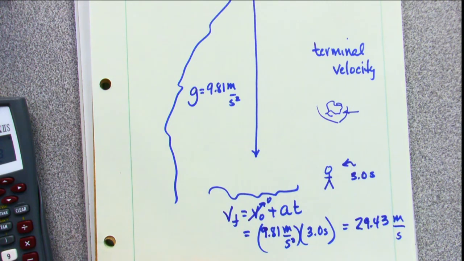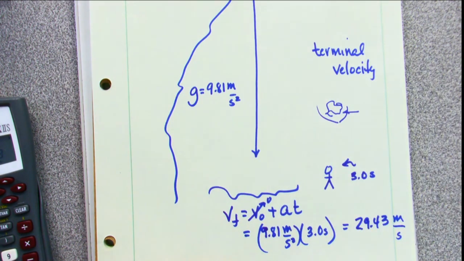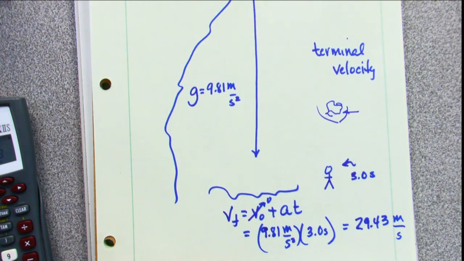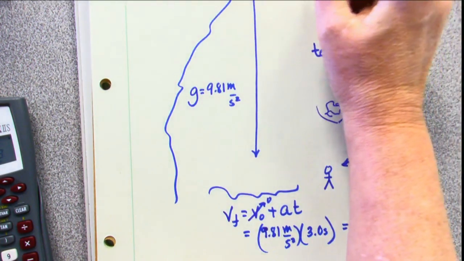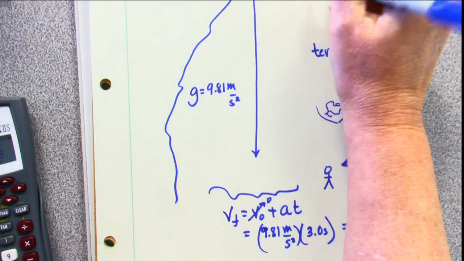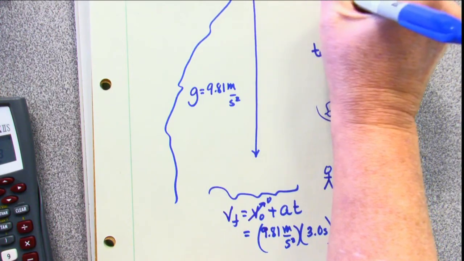Now, here comes another fun part. What if I get one of our pitchers and they throw the ball down instead of just dropping the ball? We'll say they throw the ball down with, we're going to say it's a slow 27 meters per second.